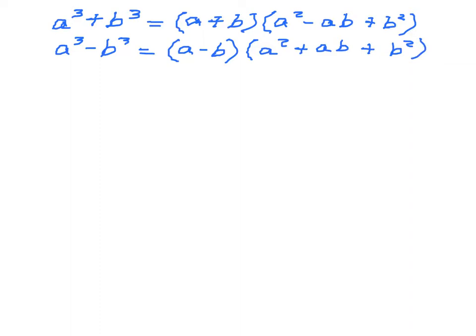So here are sum and difference of cubes. All right, so let's look at an example here. And we obviously could have either one, but this example is going to be y cubed minus 1.